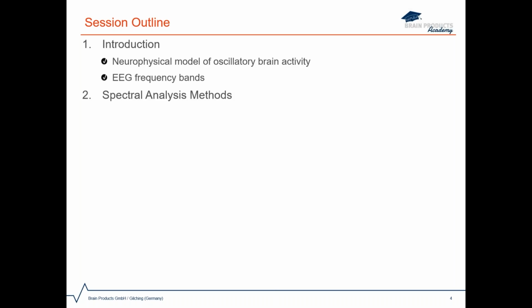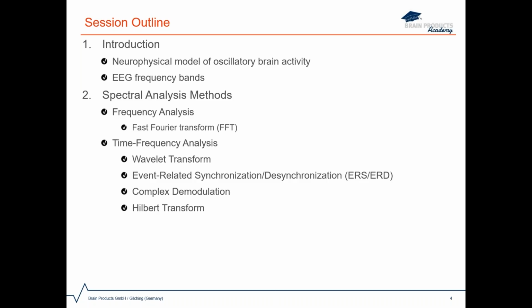Next, I will move to the core part of today's webinar. First, the Fast Fourier Transform method will be introduced, followed by Wavelet Transform, event-related synchronization or desynchronization, complex demodulation, and Hilbert Transform. For each method, I will provide the theoretical background and a demonstration in Analyzer.